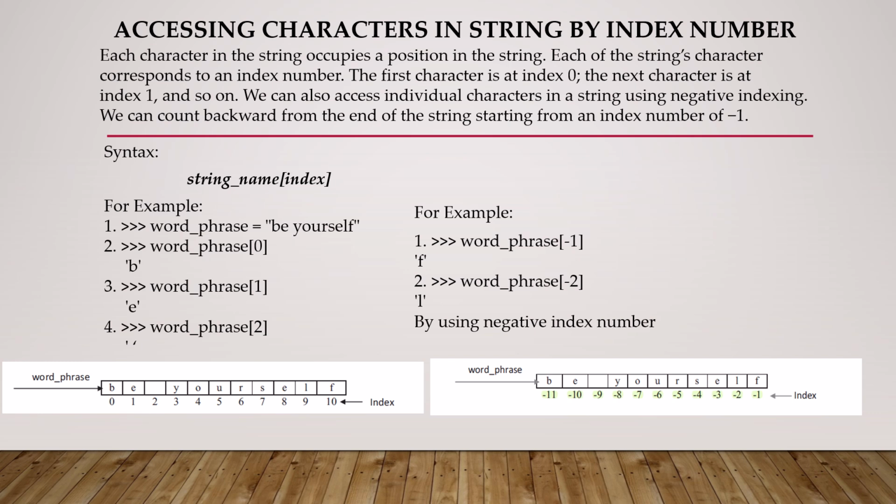By using this index, we can access the individual characters in the string. We can also read the data backward by using negative indexing, counting backward from the end of the string starting from index number -1.